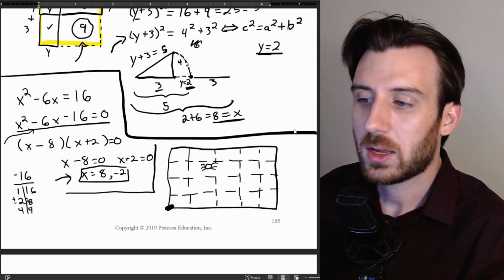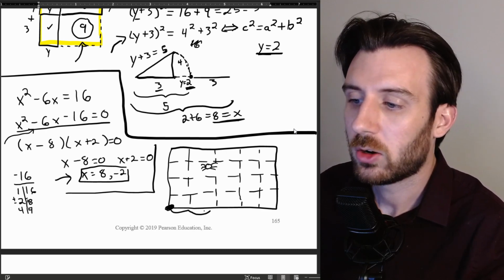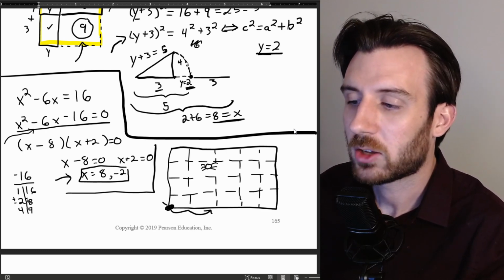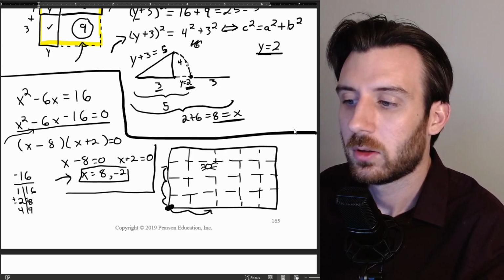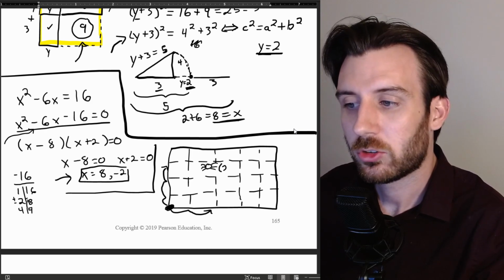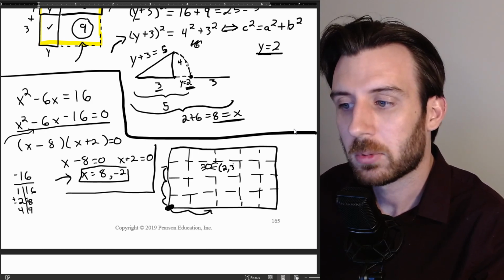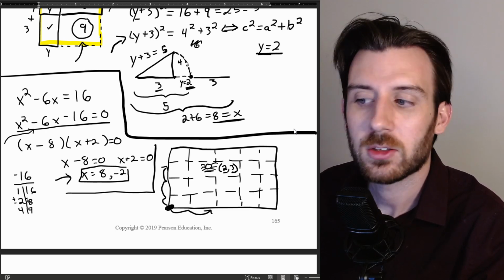So he could describe this spider as saying that it was approximately 2 squares to the right, and it was approximately 3 squares high. And that by giving this spider an identifier by saying that it was 2 across and 3 up, he was able to tie numbers to a position in space.